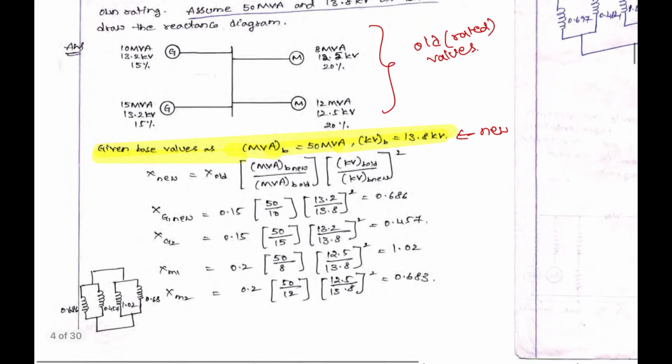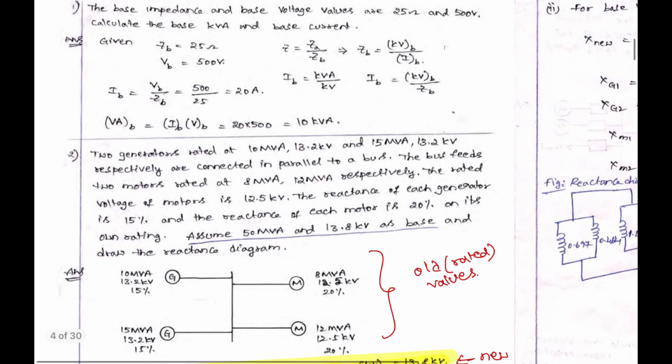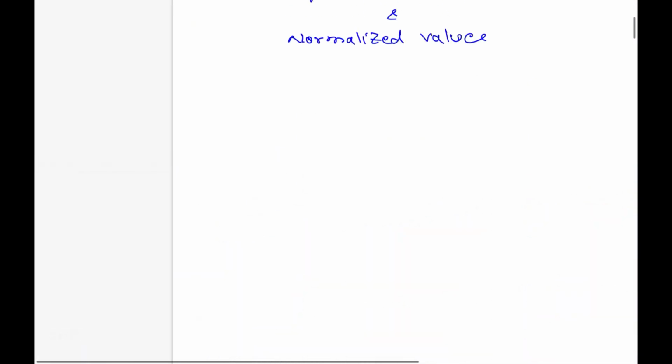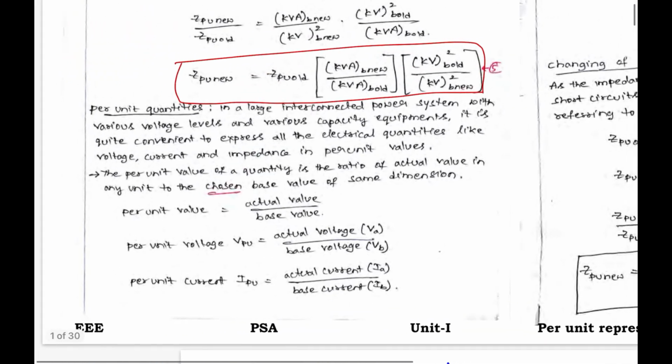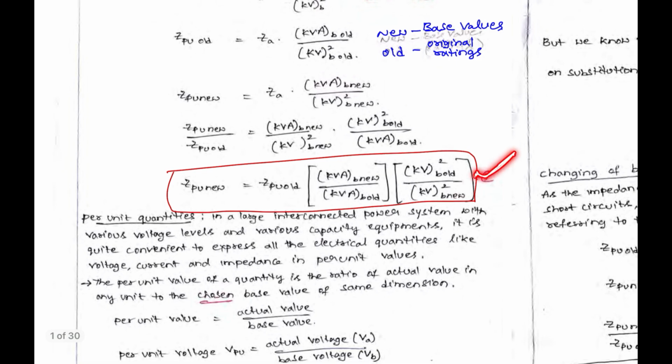For example, xg new. In the last formulas list we observed the expression: Z per unit new equals Z per unit old into kVA base new by kVA base old, into kV base old square by kV base new square.